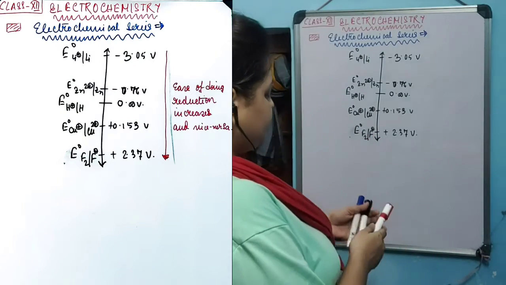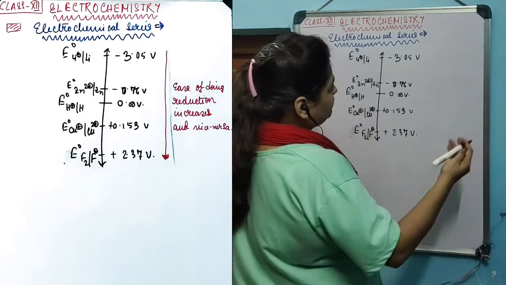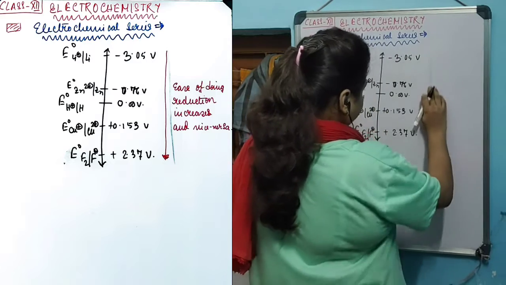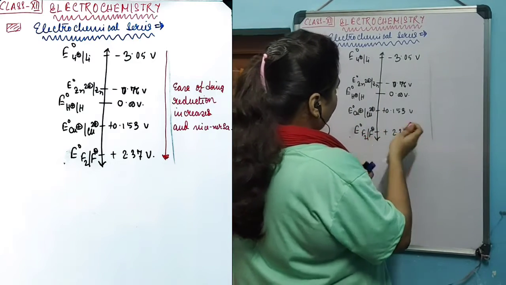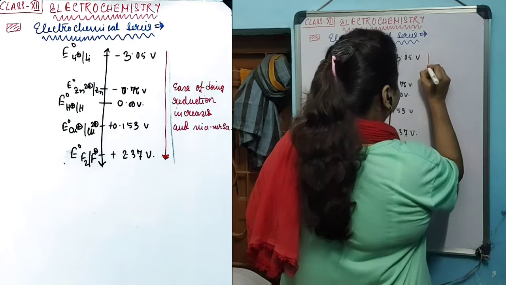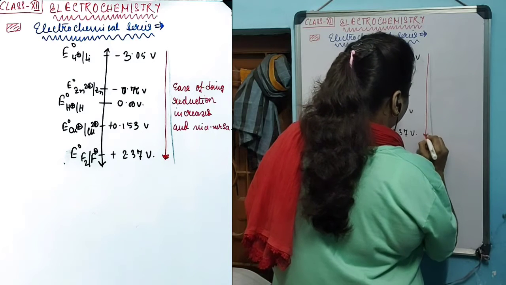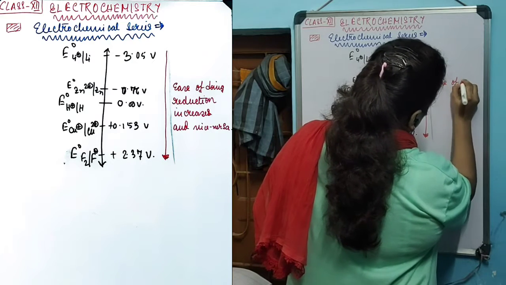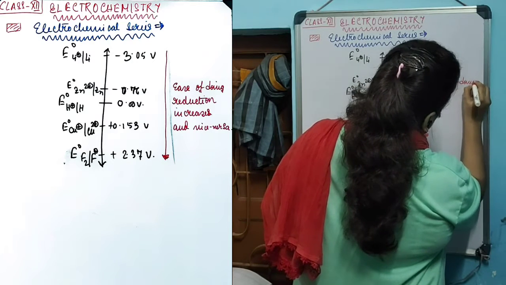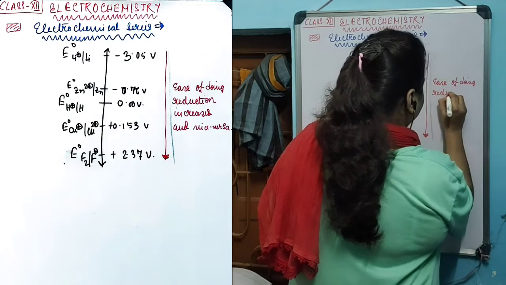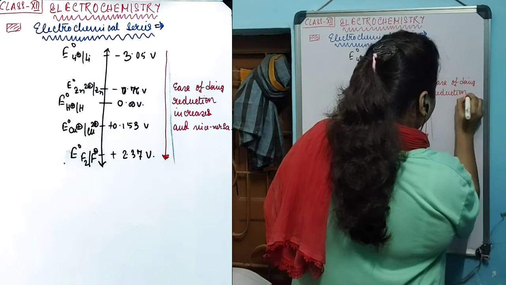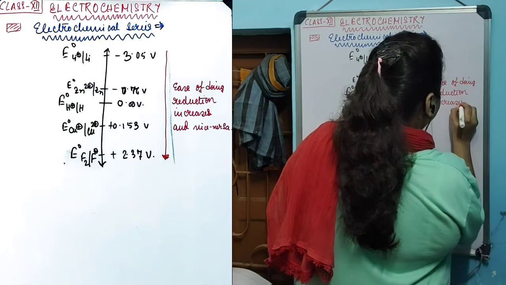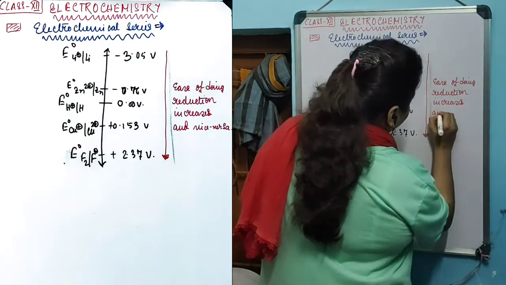That's why in the electrochemical series, if you move down from top to bottom, the ease of doing reduction increases, and vice versa.